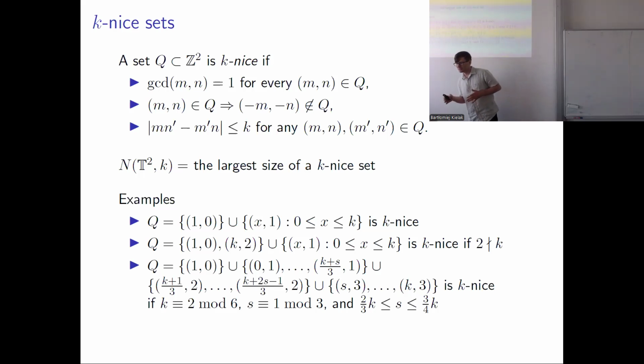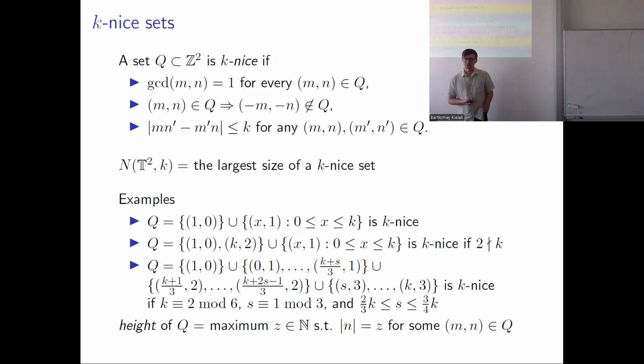We can achieve a k-nice set of size k plus 4, but here it is somewhat more convoluted. We have a weirder criterion on k: it has to be congruent to 2 modulo 6. So it is no longer so obvious that we actually get something which is k-nice. But it works.